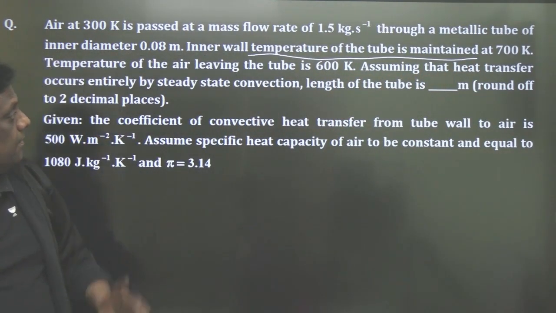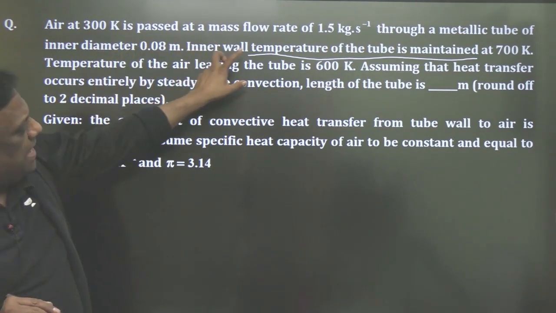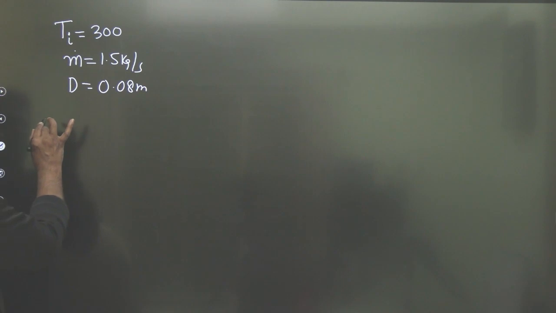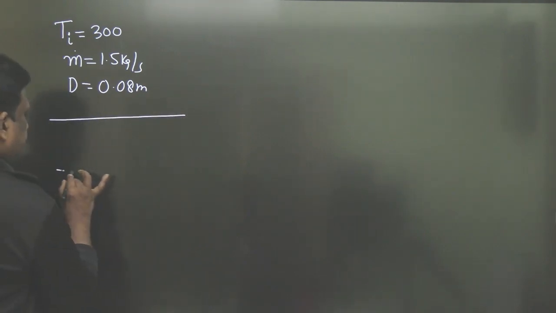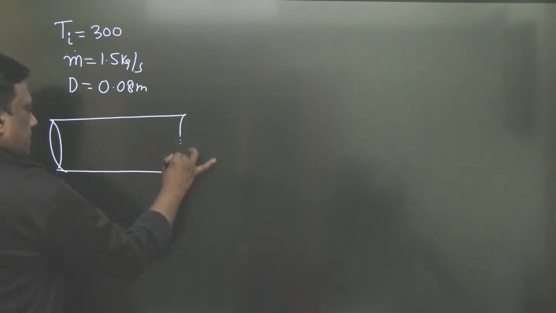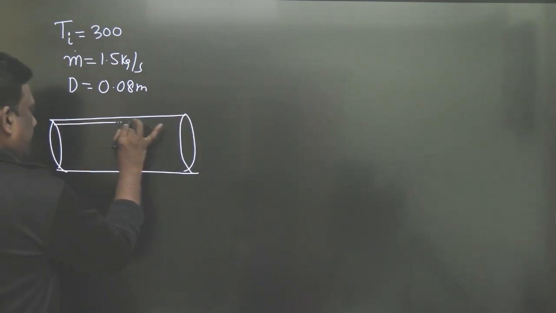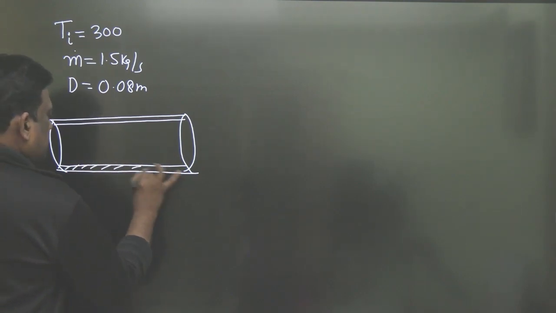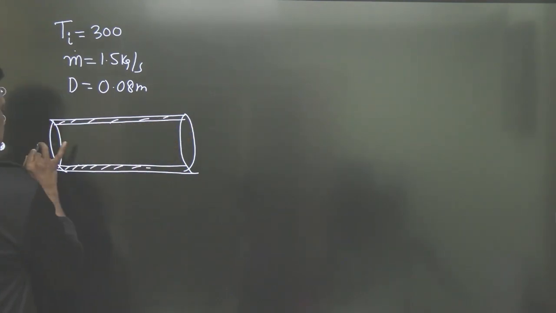Please listen carefully, air is passed through a metallic tube. Let me draw the figure. This is the tube, let this be the wall of the tube, and air is flowing through this.